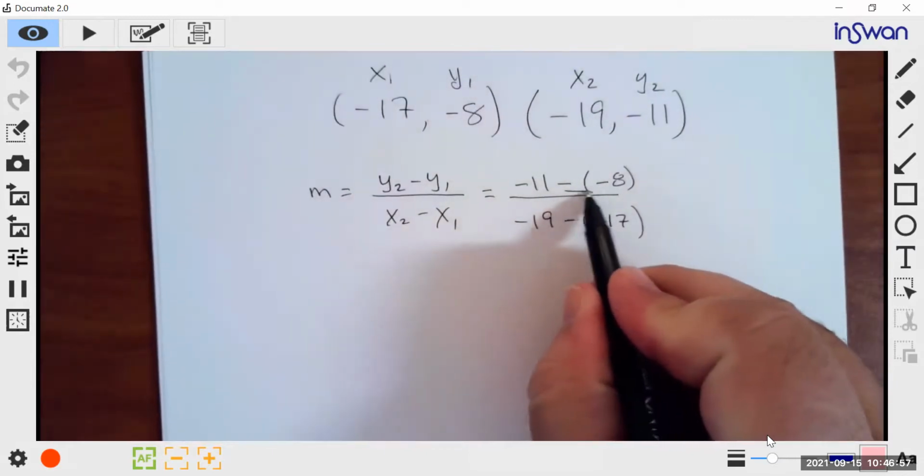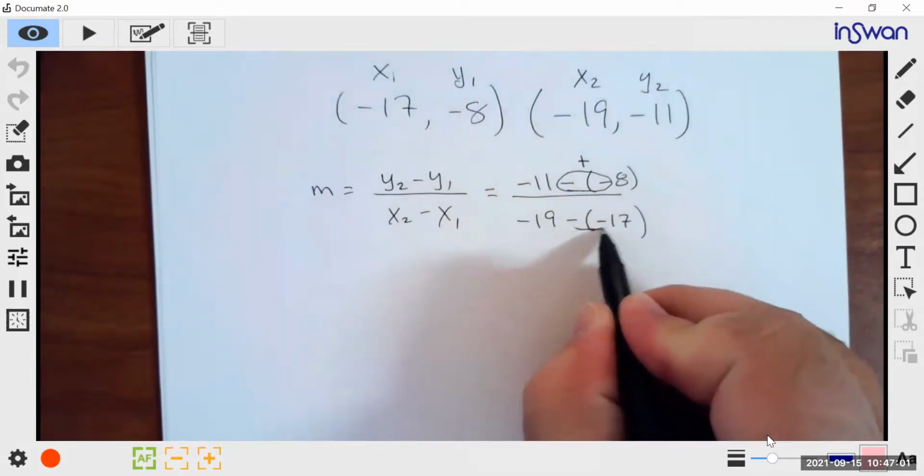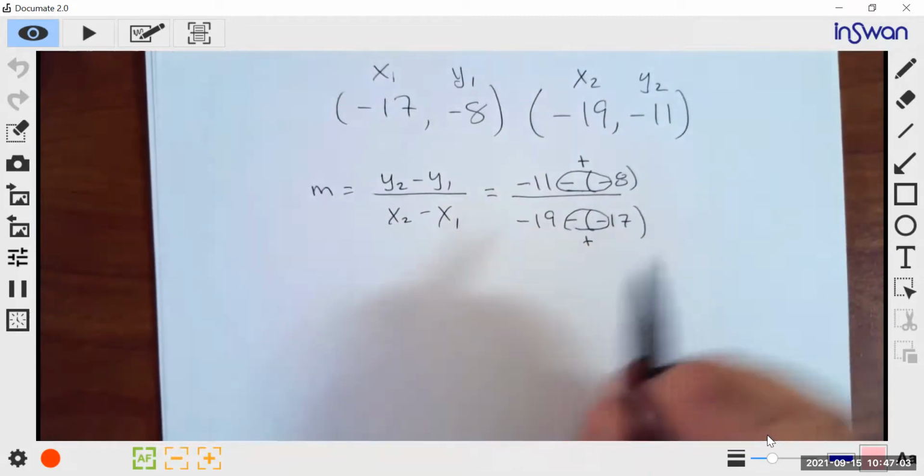Because that way you see that two negatives become a positive.